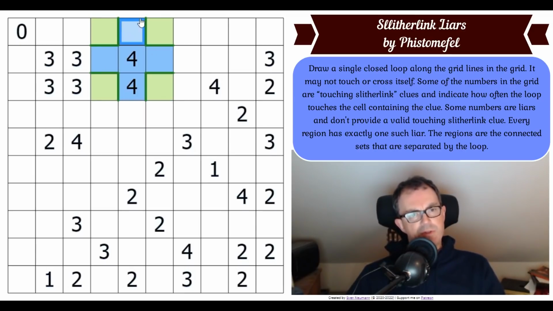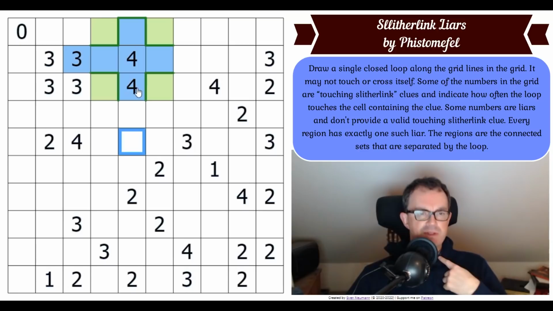So if this was true, this would have to be a region boundary. This 3 would then either be in or out of the loop. And do I know which of those it is? If it's in the loop, then it has to be correct because this 4 is wrong.